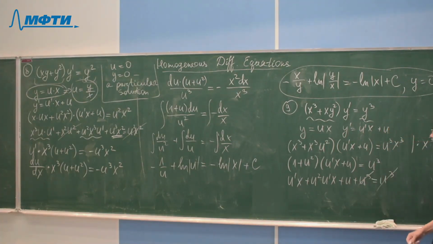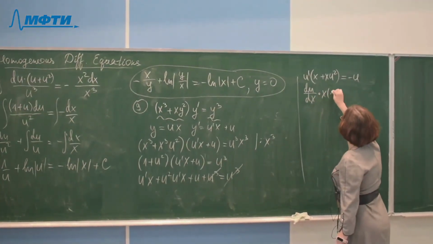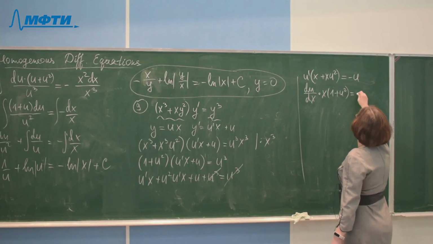Then cancel out like terms, and next I will move here. Then we have the following: u prime is multiplied by x plus xu squared equals negative u. I think it's correct. Then du over dx times x times 1 plus u squared equals minus u.